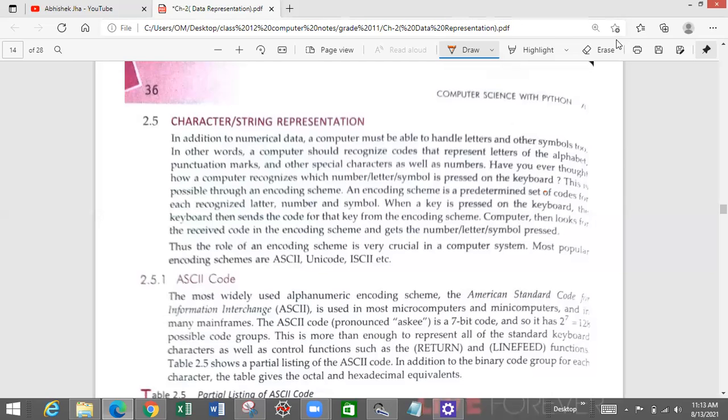So for that, we utilize character and string encodings. There are different encoding schemes that we utilize to change a number or a symbol into equivalent binary digits. We can utilize ASCII, we can utilize Unicode, we can utilize ISCII. An encoding scheme is a predetermined set of code for each recognized letter, number, and symbol.